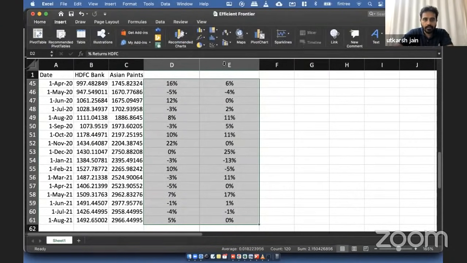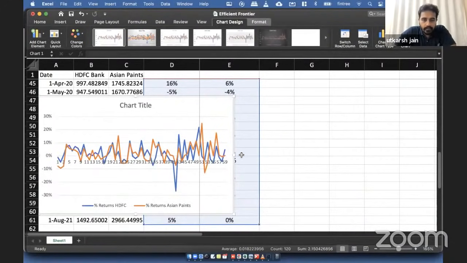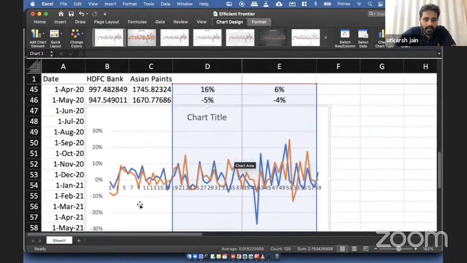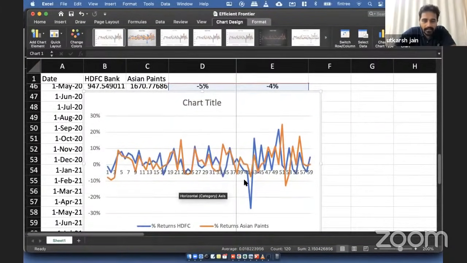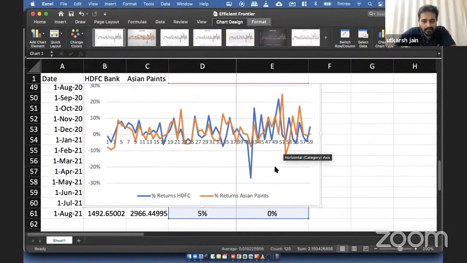So we'll try and put this data onto some sort of a line. Okay, here we go. It looks a little cluttered, but that should give us some idea about their volatility. The blue one is HDFC, and the orange one is Asian Paints.